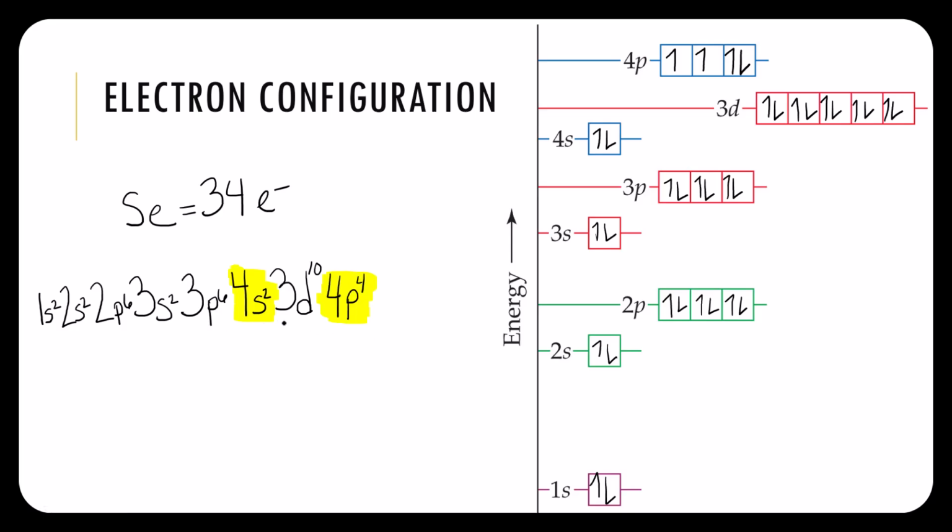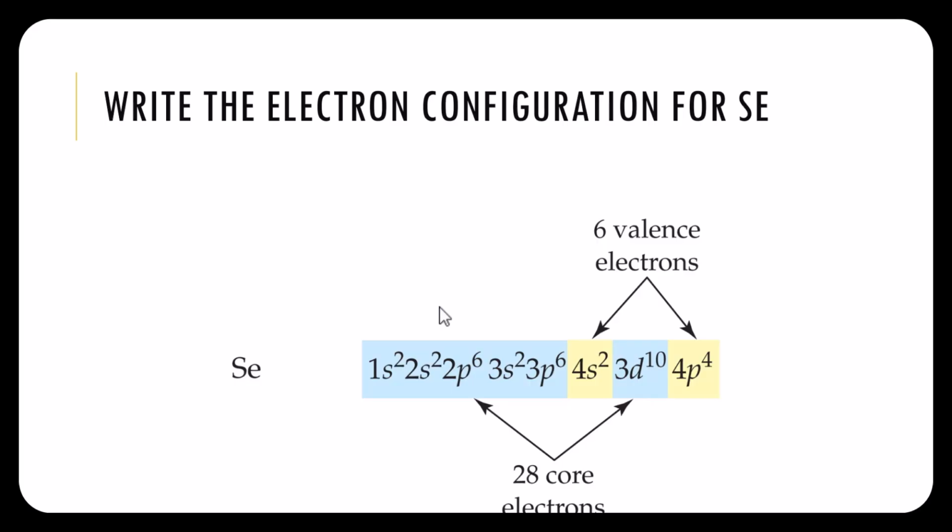So looking at the electron configuration, it's not always the last electrons that we put in. It may be a case where we have to look at 2 different spots here. So here's a depiction talking about the same thing. So this guy would have 6 valence electrons, and then all of the other electrons, in this case, are core electrons. So that would be the other 28 electrons.